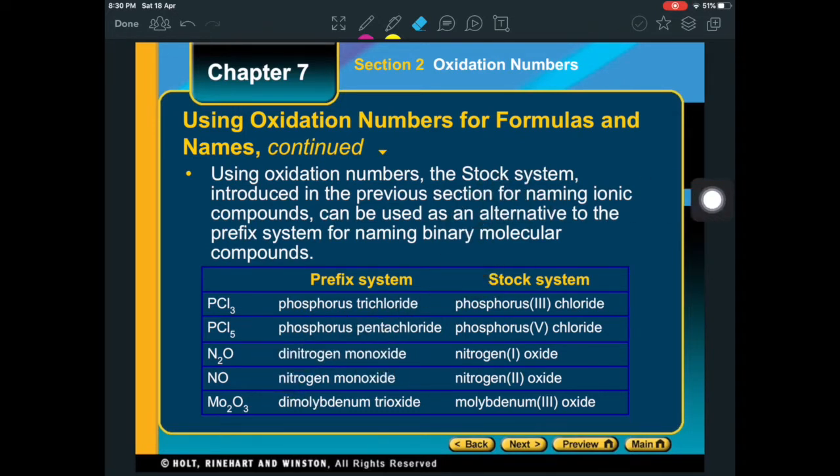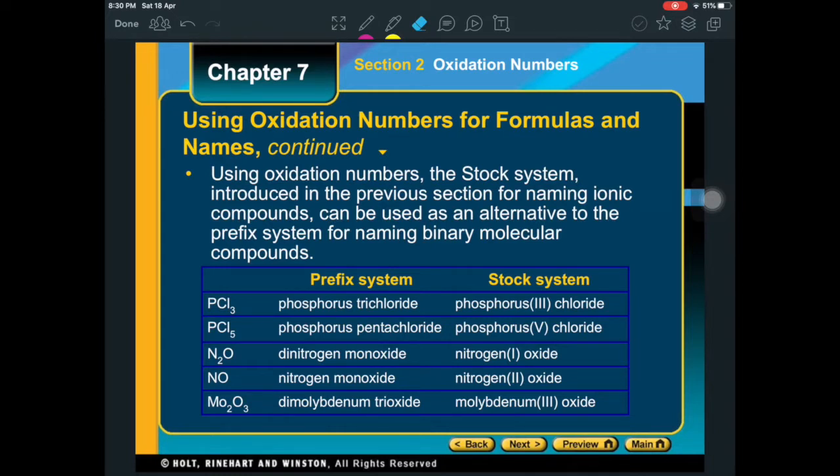So depending on the prefix that you had before the element that we're talking about, we know how many elements there are. Now, in the stock system, we don't use prefixes, we use Roman numerals instead.